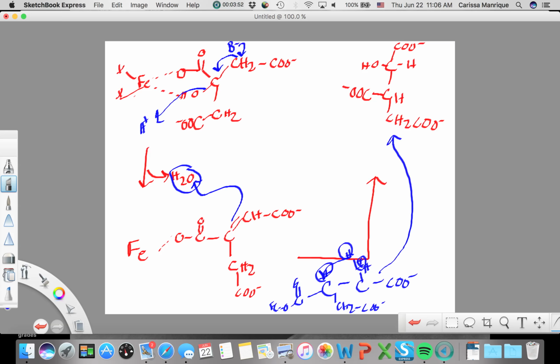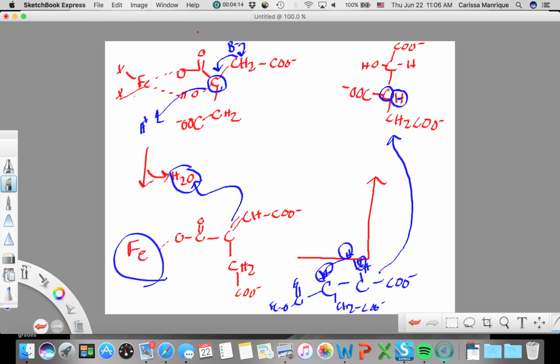So basically you lose water, then water comes back in. It's all stabilized by this iron group. Let's see what we just did. Off this carbon right here, which was your central carbon, instead of having an OH group, it now just has a hydrogen coming off.